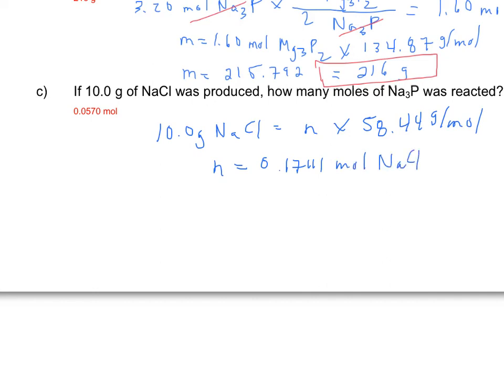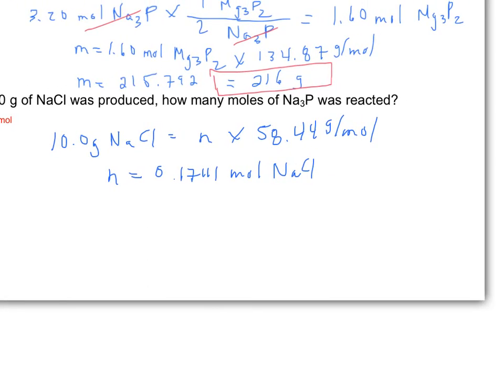Now that I'm in moles of NaCl, I can convert using a mole ratio. My ratio will be a 2:6 ratio. Remember, I get those numbers by using the coefficients from the balanced chemical equation.